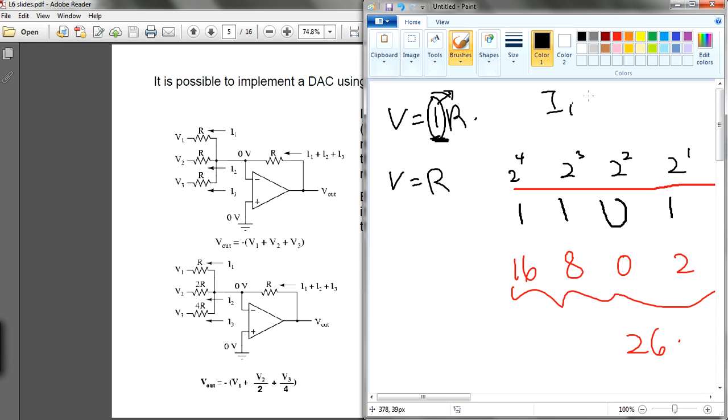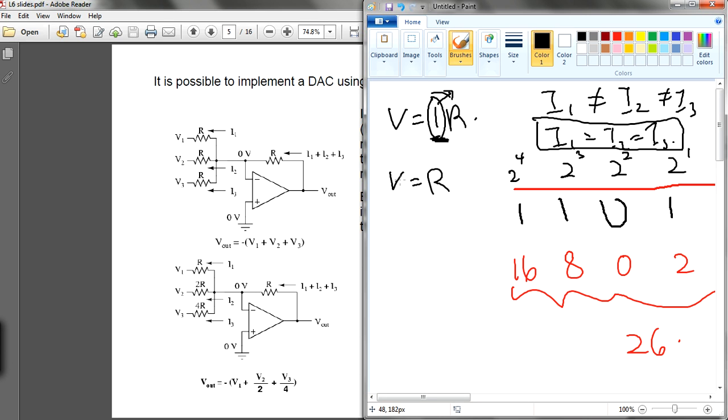I1 should not be equal to I2 or I3 in this case. However, for simplicity, they set I1 equal to I2 equal to I3. With this, you can have the assumption V equals R.